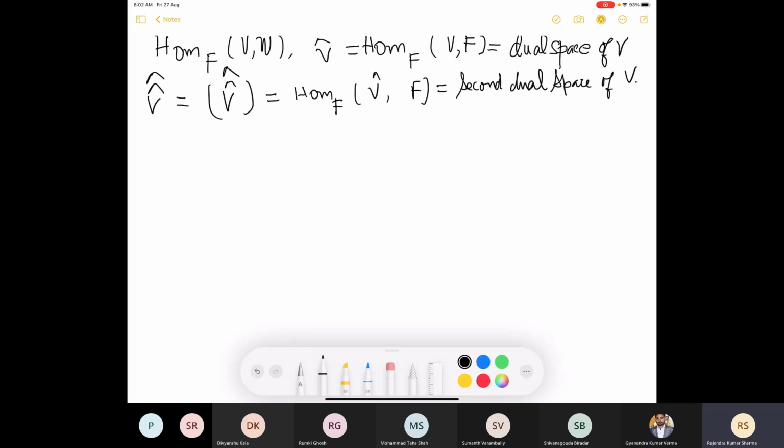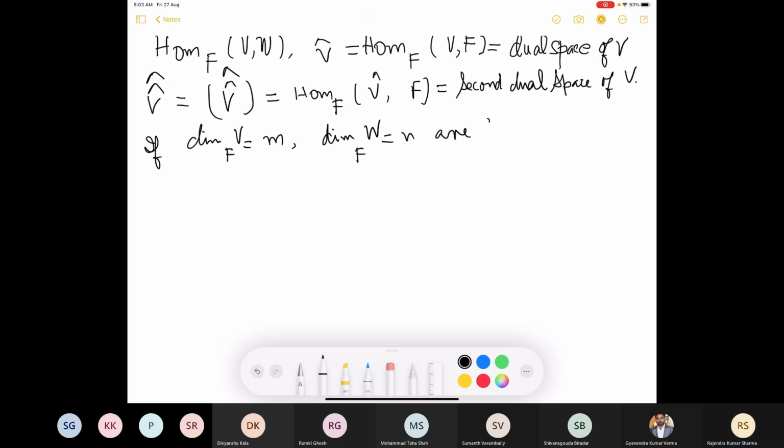And if the dimension of V over F is m, and the dimension of W over F is n, both are finite, each of these is a finite dimensional vector space over F.